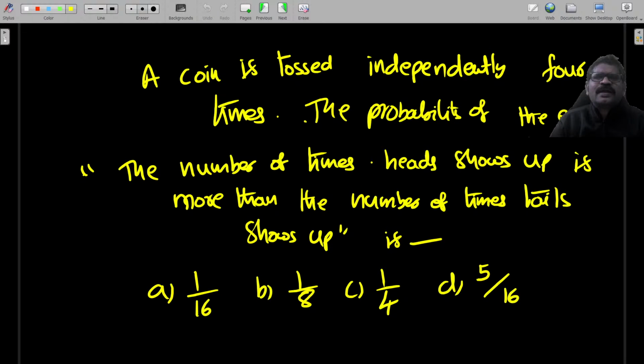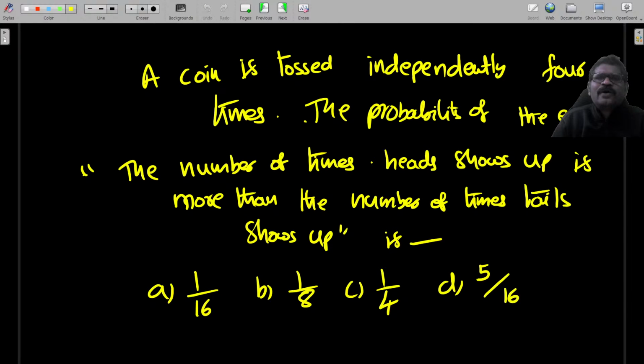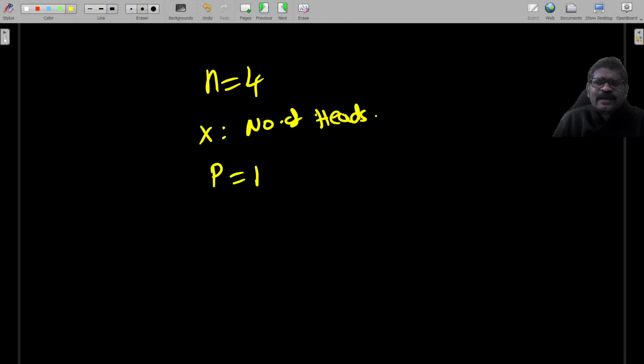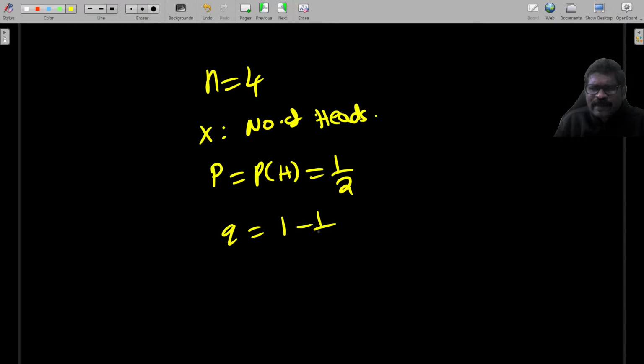Now x counts number of heads. Whenever you toss a coin, x counts the number of heads that appear. If x is defined as number of heads, p is probability of getting a head, 1 by 2. So q is equal to 1 minus 1 by 2, that is 1 by 2.